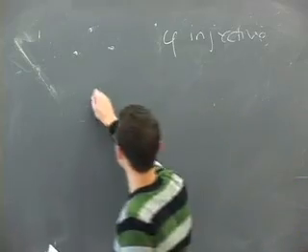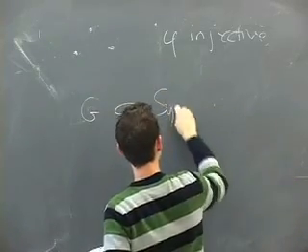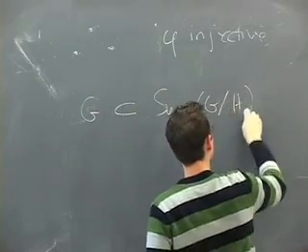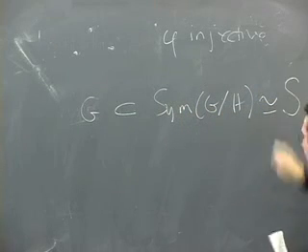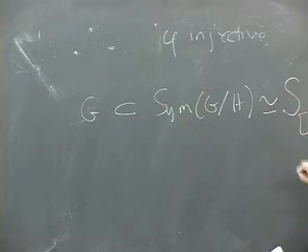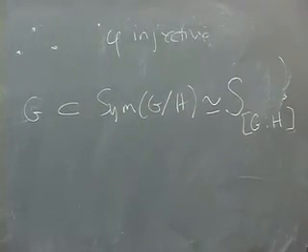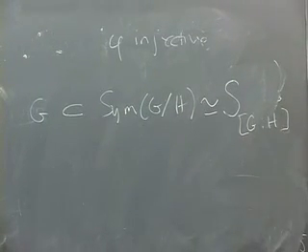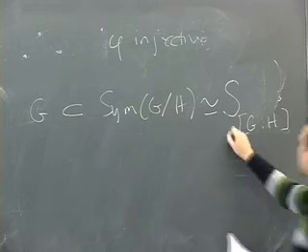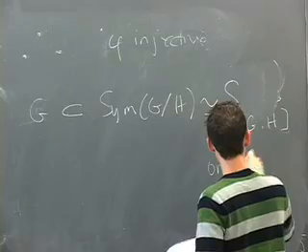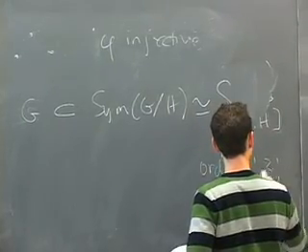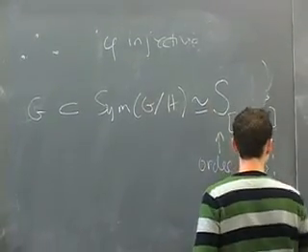So I have G, a subgroup of Sym(G mod H). Now this thing just looks like the symmetric group. Exactly. This thing is just the symmetric group on the index of H in G letters. So by hypothesis, this index was 2, 3, or 4. So this thing has order 2 factorial, 3 factorial, or 4 factorial.